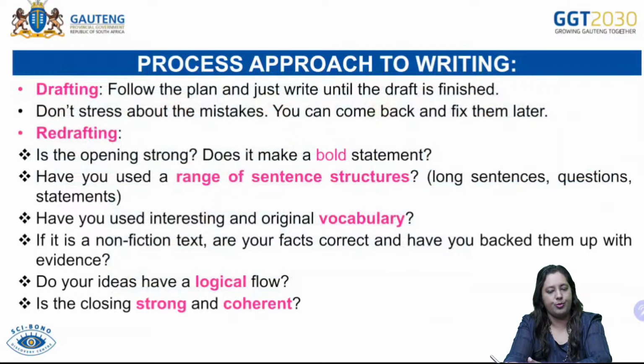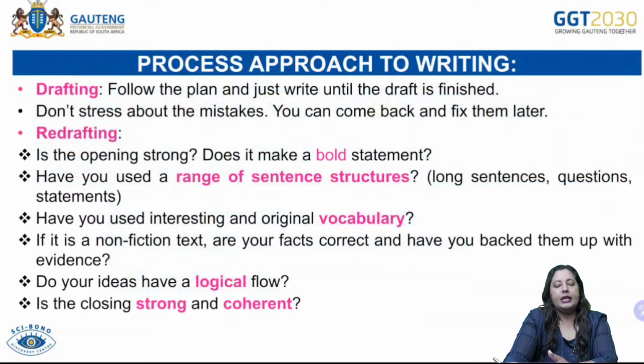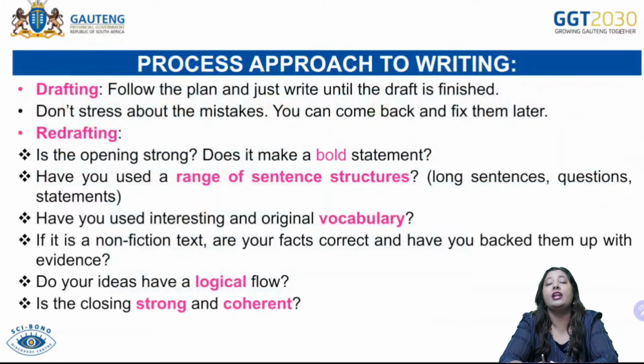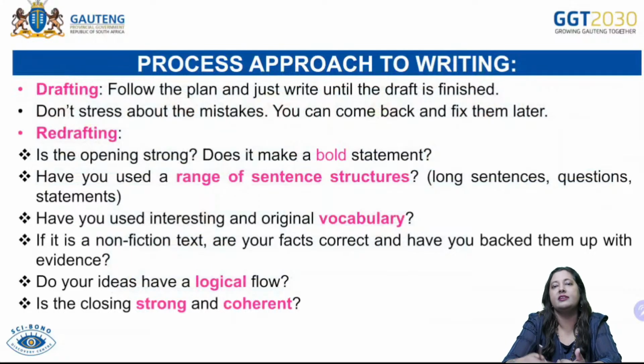Use the word appropriately. Then, if it's a non-fiction text, you can ask yourself, are my facts, for example, correct? Because there's no fun in having a particular fact that cannot be verified by stats that we need to maybe look at.